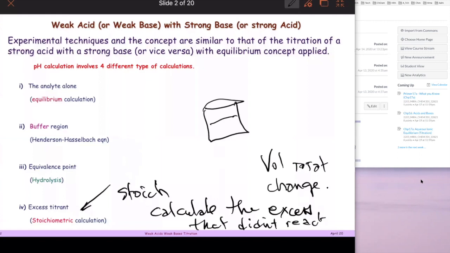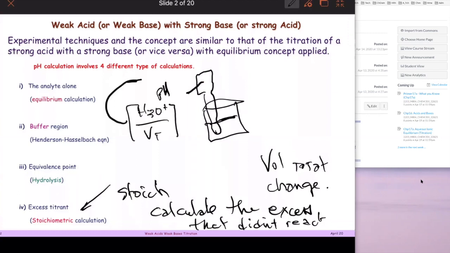Remember, you're taking the pH reading of this solution, and the pH is the negative log of the hydronium ion concentration over the total volume. Because the total volume is constantly changing when you are titrating, this value is constantly changing.